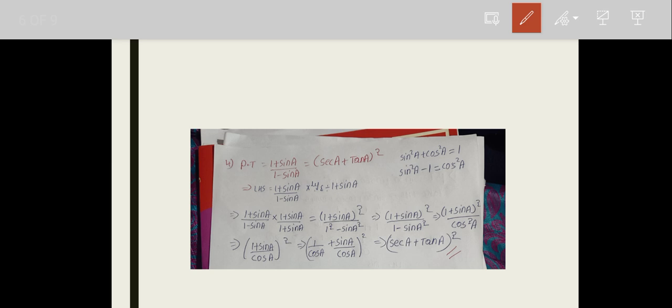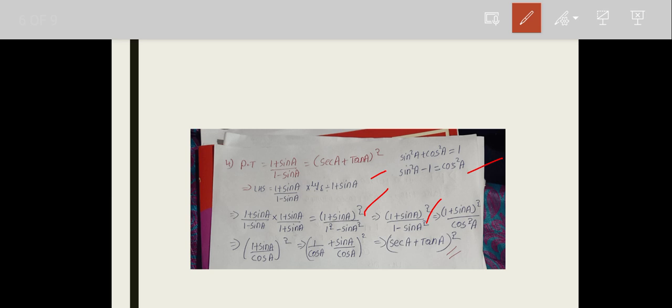This one looks the same. We multiply and divide by 1 plus sin A in both numerator and denominator. Then we get (1 plus sin A) whole square over 1 square minus sin square A. Then 1 square value is 1, so 1 minus sin square A. We already know sin square A plus cos square A equals 1, so 1 minus sin square A we can write as cos square A. Then (1 plus sin A) whole square divided by cos square A, so (1 plus sin A divided by cos A) whole square.